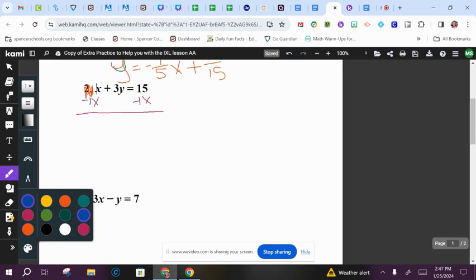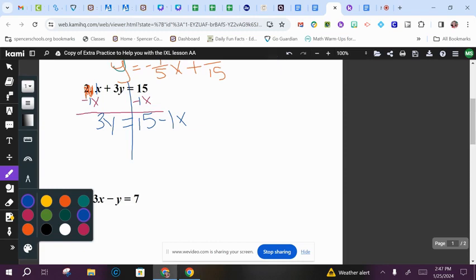So if I subtract that, of course, that's getting rid of that x value on the left side. It leaves me with 3y on the right side. And then I have 15 minus 1x, because I don't know what x is worth, so I can't take it away from 15.